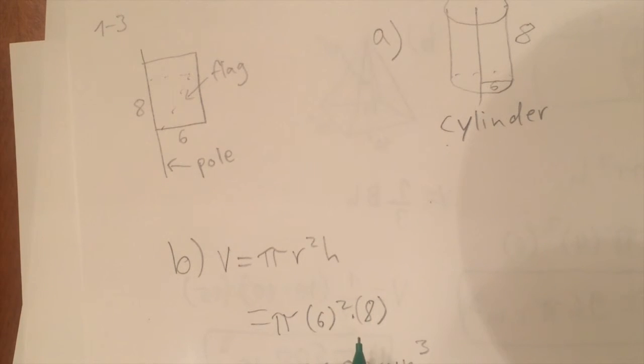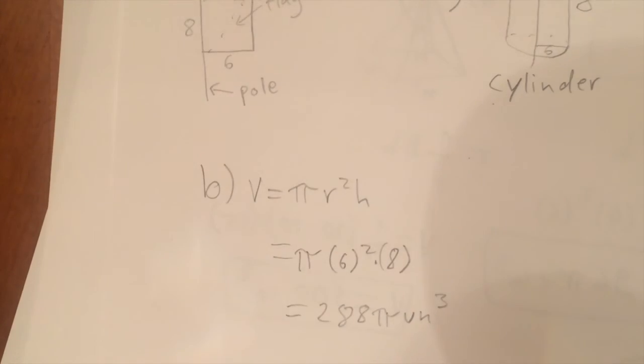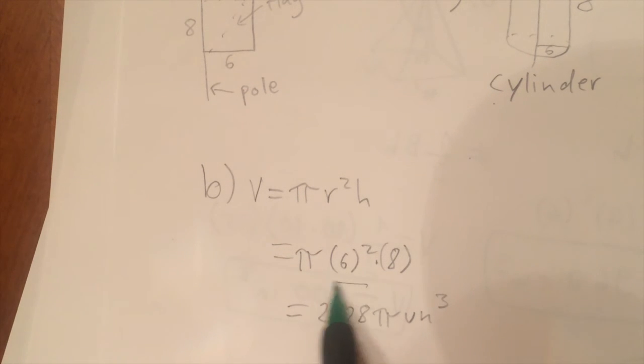And obviously if you want to check that in your calculator, 6 squared is 36 times 8 gives you 288, and 288 times pi, and obviously you need to include units and make the units cubed for the volume of the cylinder. Okay.